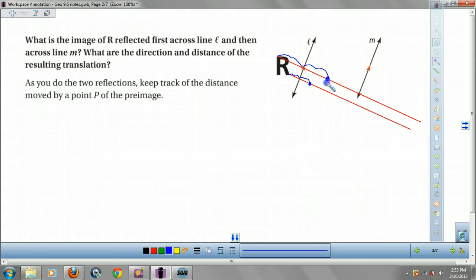So my R is going to be backwards now. And there we go, that's my R. Again, this distance has to be the same as this distance in a reflection. Now I need to do it again.